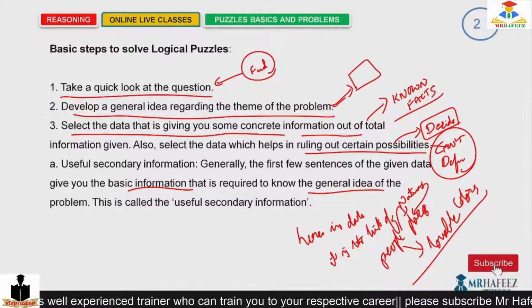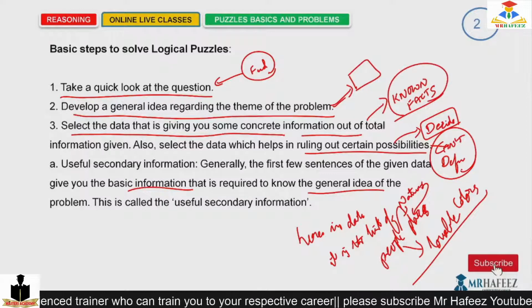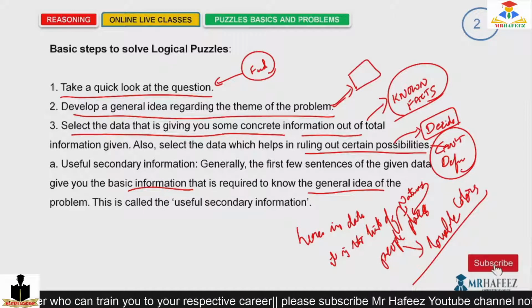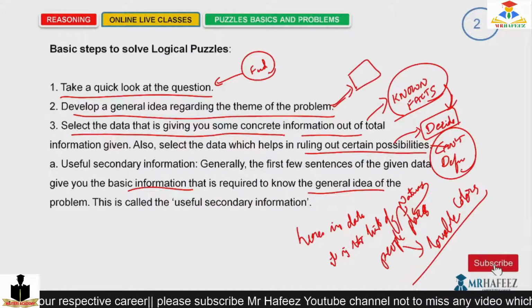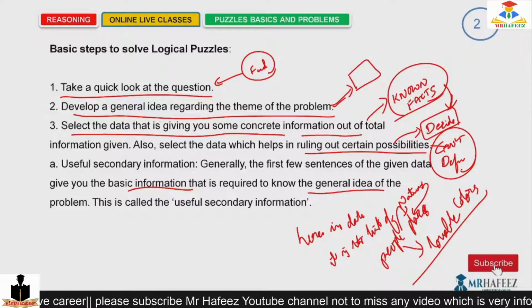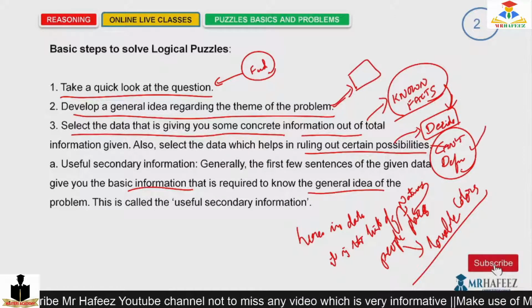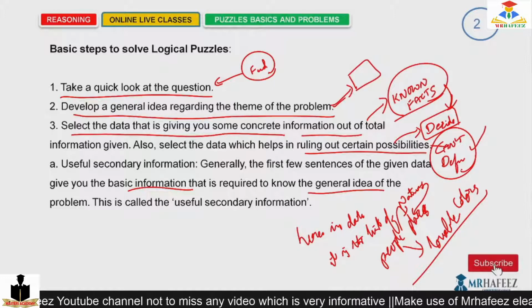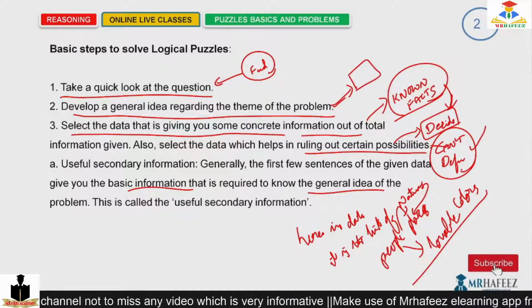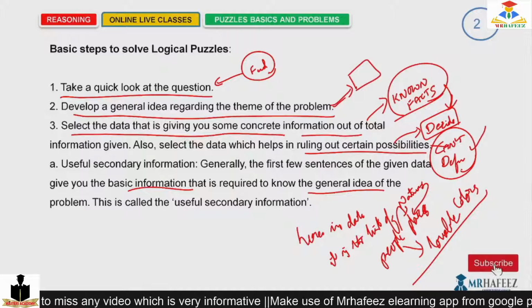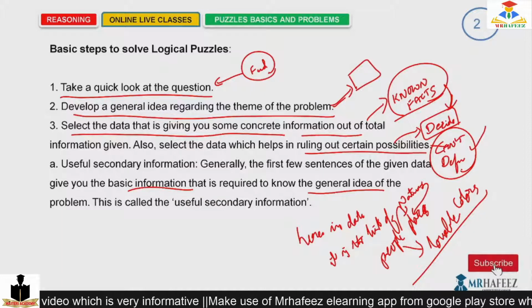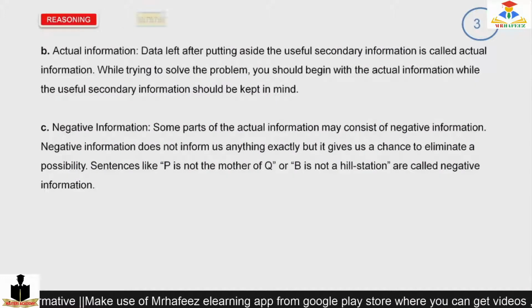And these known facts will help you decide. There are a few facts on which you can decide, and by deciding, you can develop the rest of the things. So this is the basic approach to solve the logical puzzles, right?